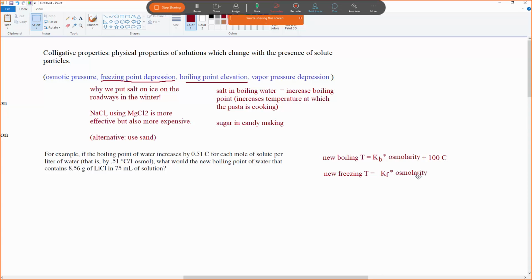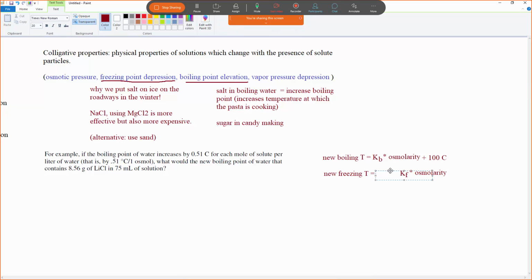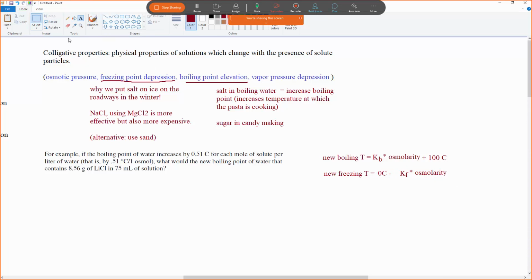Subtract that from the original freezing point, which is what for water? 0 Celsius, perfect. So 0 Celsius minus my freezing point depression constant multiplied by the osmolarity. And this is that constant, 0.51 degrees Celsius per osmol. That is the boiling point constant. That's K sub B right there.